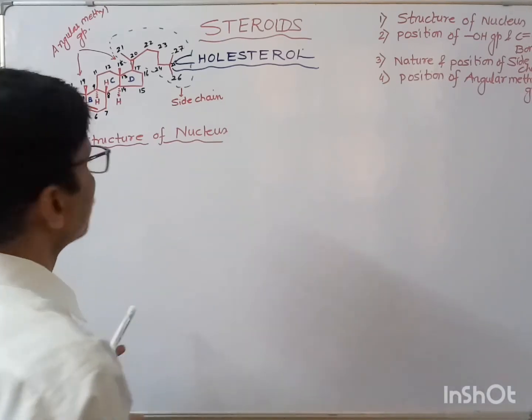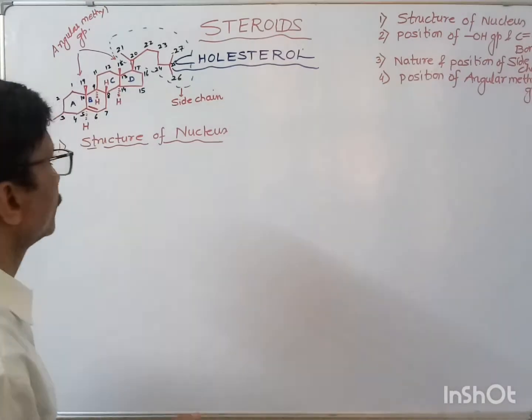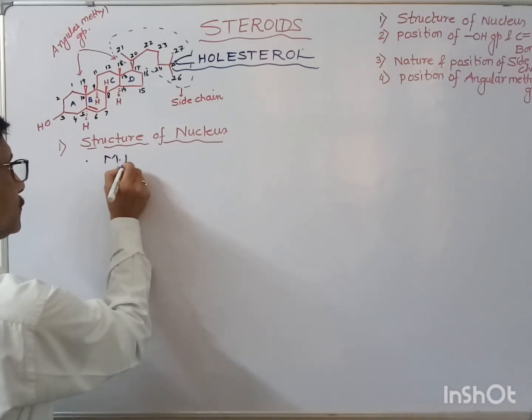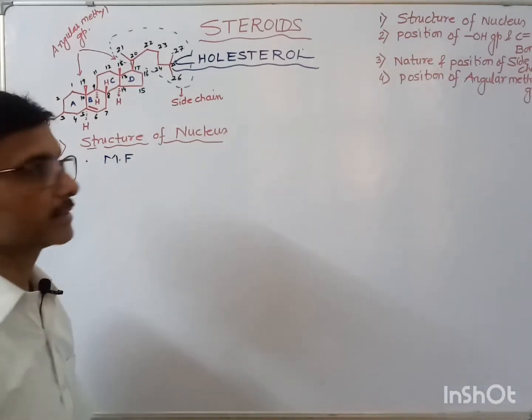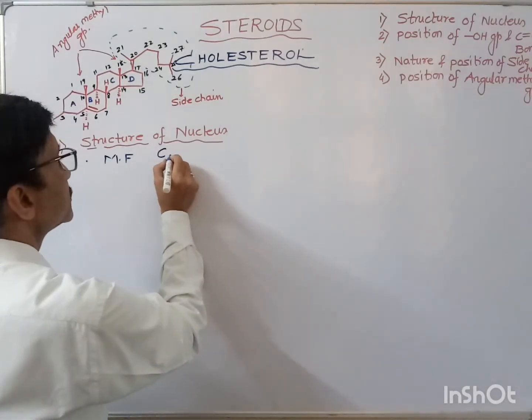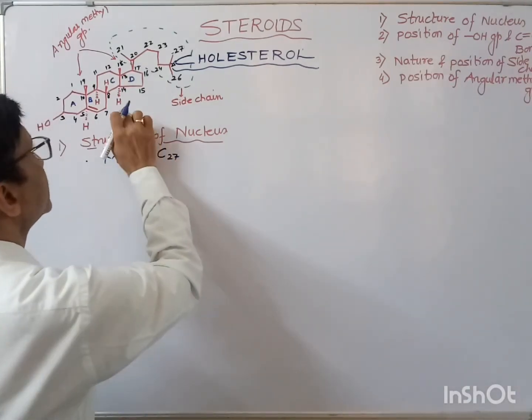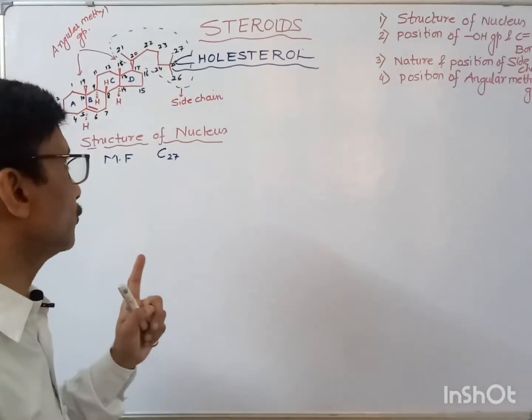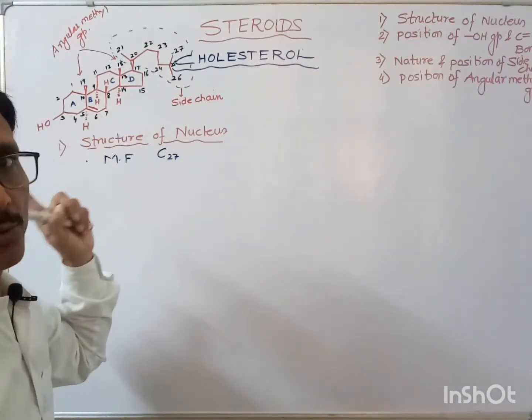First of all, the molecular formula of this cholesterol was determined to be C27, as it contains 27 carbon atoms, so it has a cholestane nucleus.